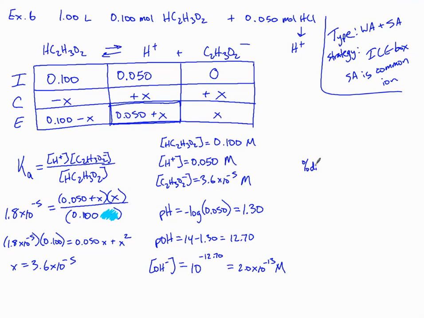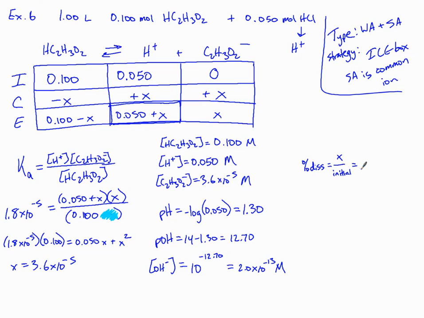The next question it's asking is the percent dissociation, which we usually get towards the end of these questions, and there's not a whole lot of discussion on it. But this is the value of X over the initial concentration. And of course it's a percent, so you multiply it by 100.